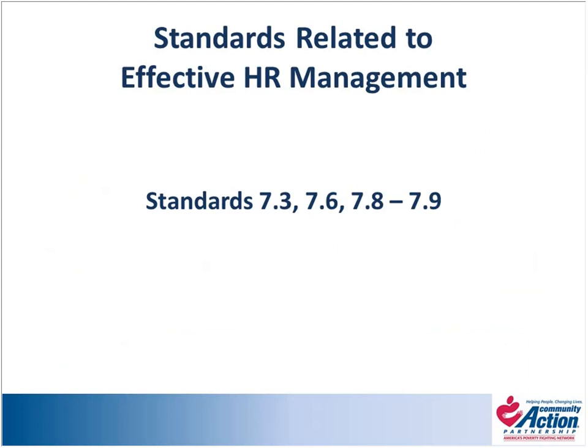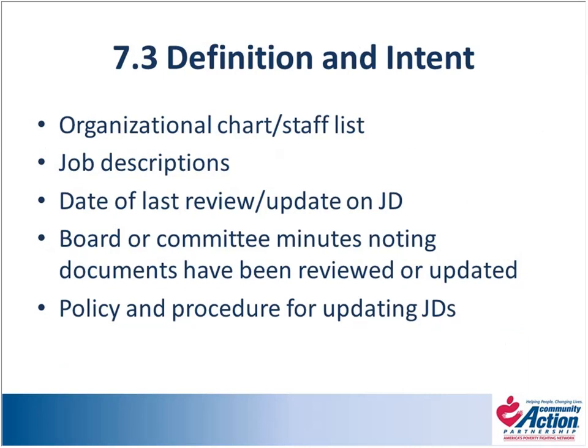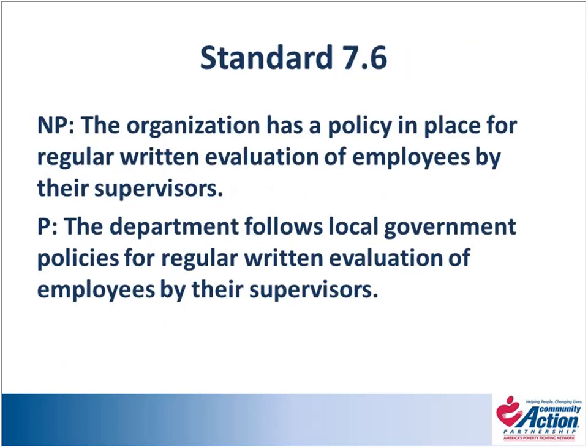I believe we're ready to move on to the next standard, which we'll be looking at, 7.6 now. Sorry for all the flipping back and forth. The private nonprofit standard is that the organization has a policy in place for regular written evaluation of employees by their supervisors.